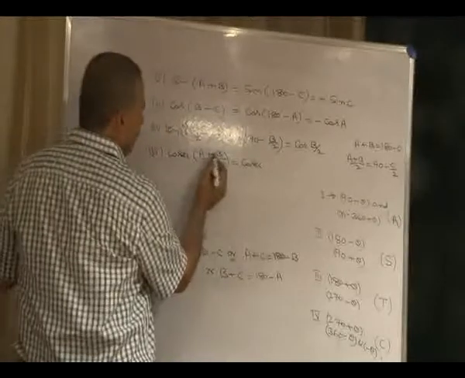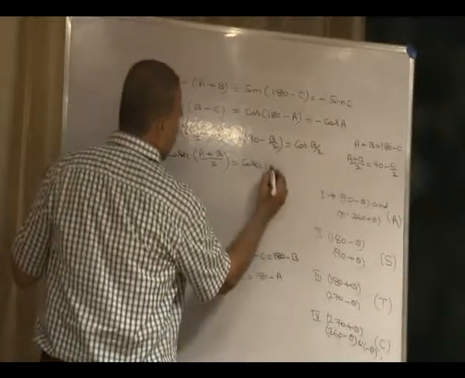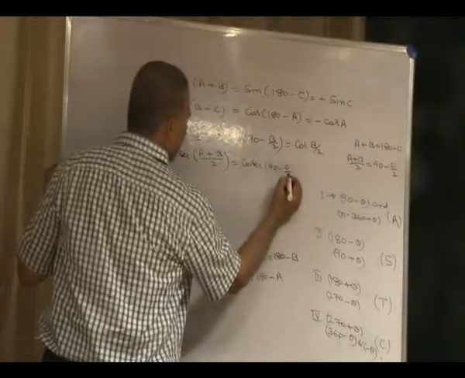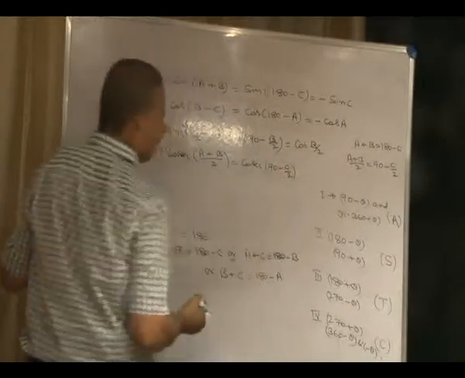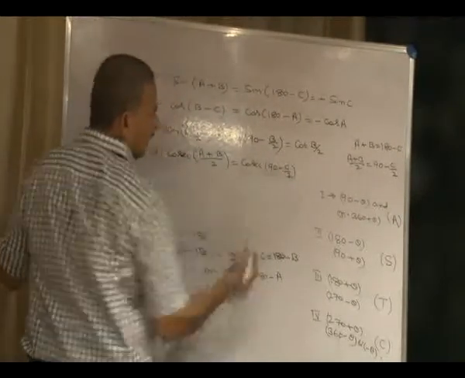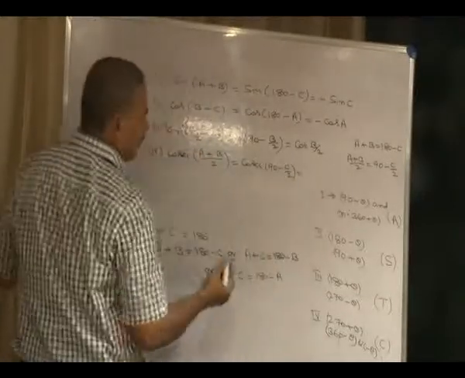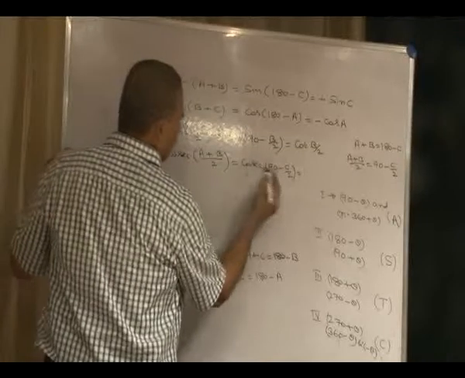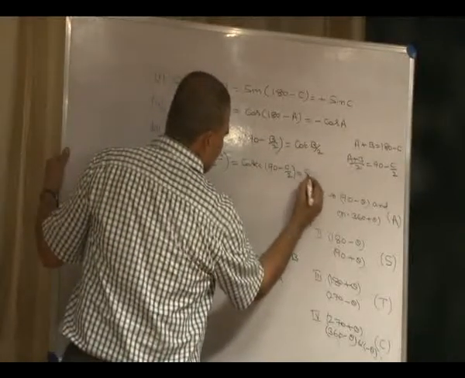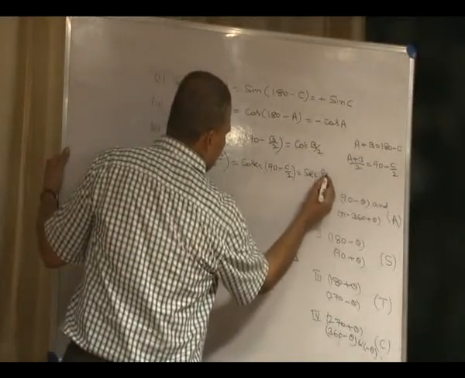In place of (A plus B) by 2, substitute 90 minus C by 2. 90 minus theta comes under the first quadrant. In the first quadrant, all the trigonometric functions are positive. In 90 minus theta, cosecant changes to secant, that is secant C by 2.